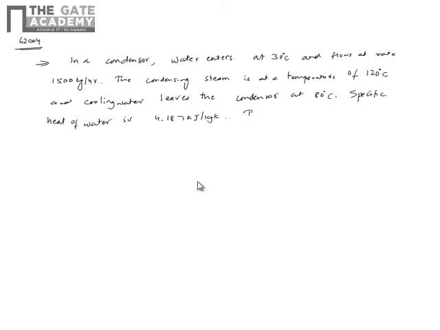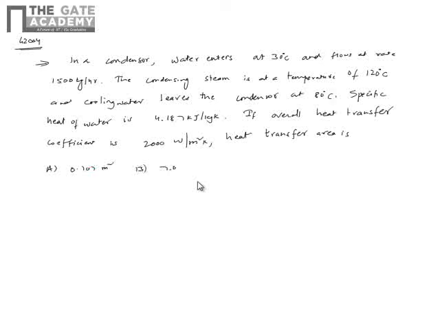If the overall heat transfer coefficient is 2000 watt per meter square Kelvin, the heat transfer area is: 7.07 meter square, 7.70 meter square, 70.7 meter square, or 141.4 meter square. So this is the thing. The water enters at 30, flows at the rate given, and the steam is at a temperature of 120.